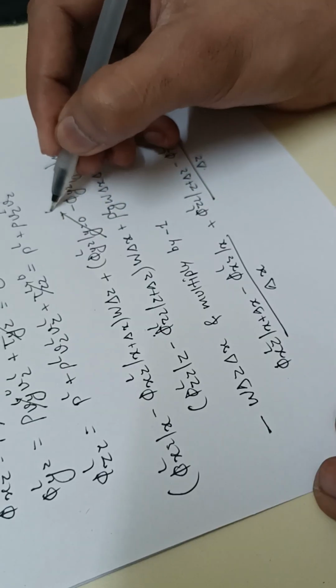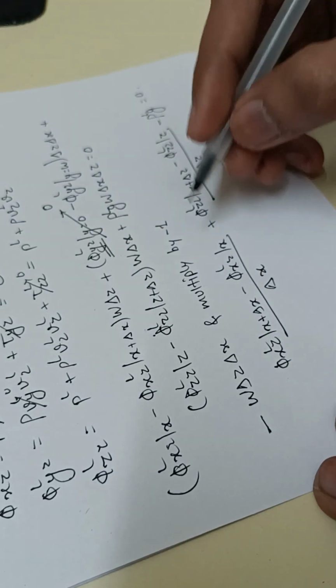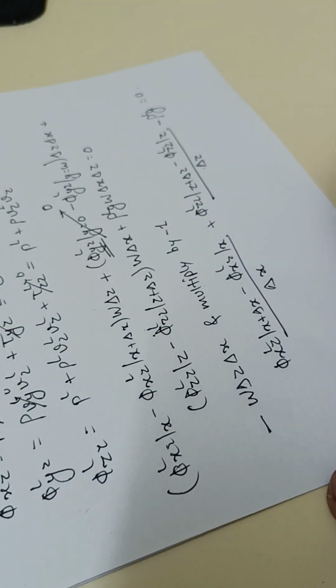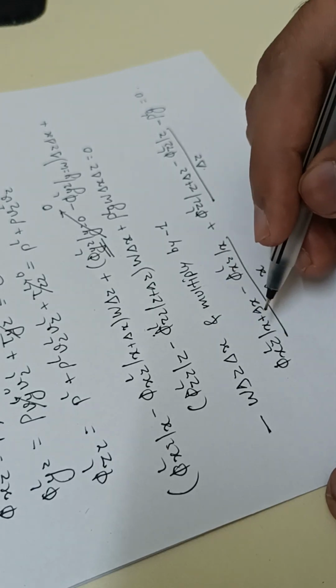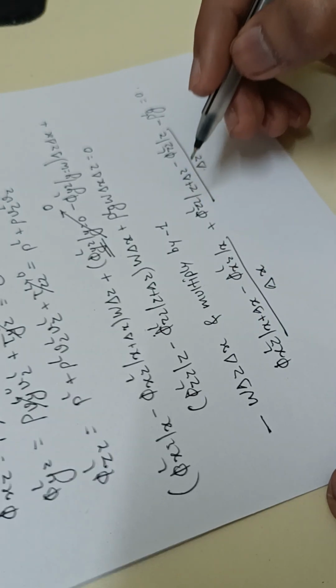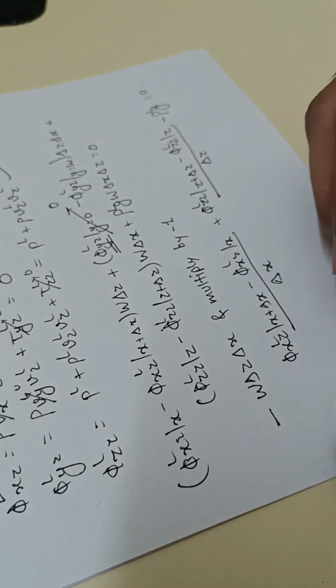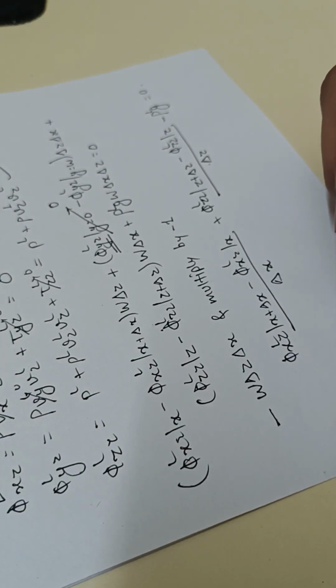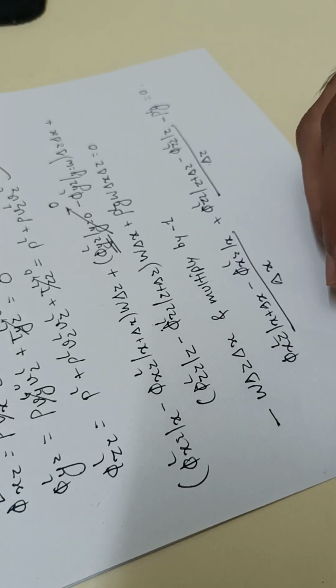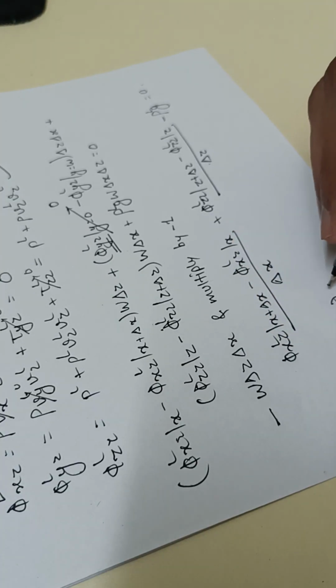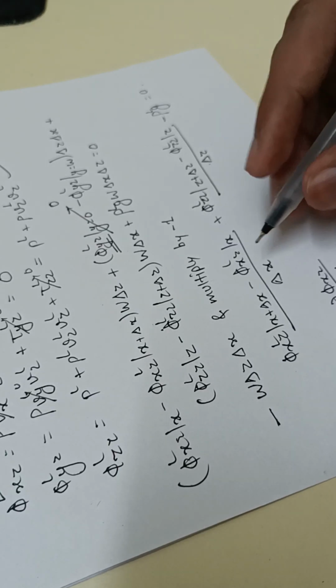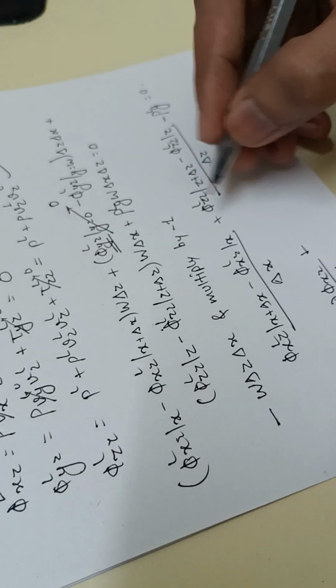This term here will be 0 as phi yz is 0. So substituting the values of phi xz and phi zz using these equations, we will get, let this be phi xz only, phi xz upon del x. Just substitute the terms here.